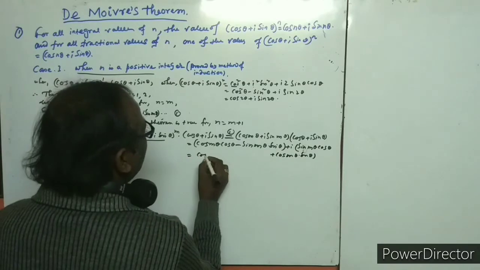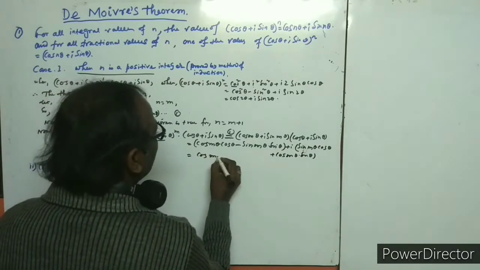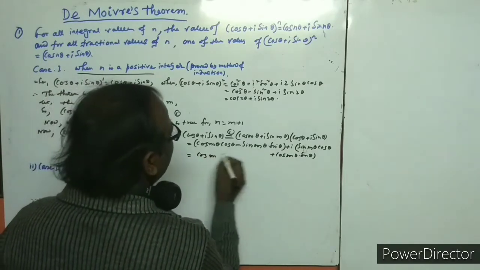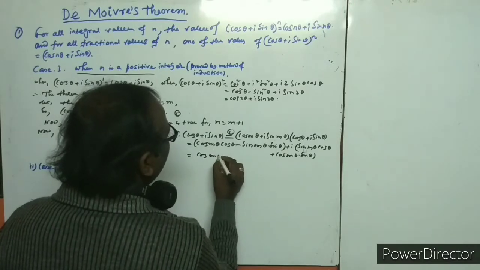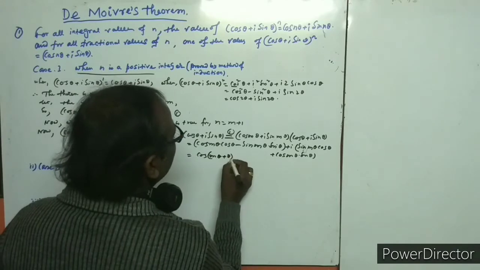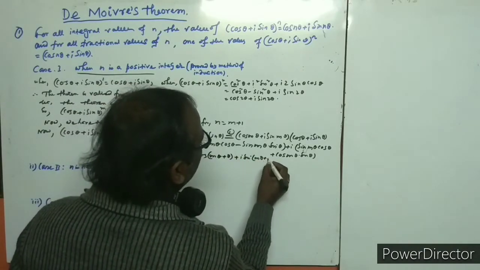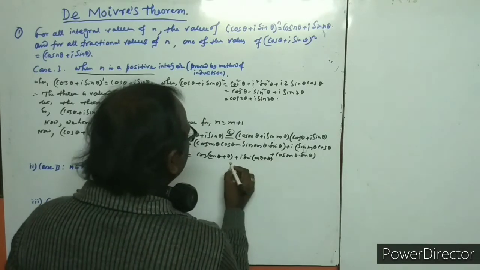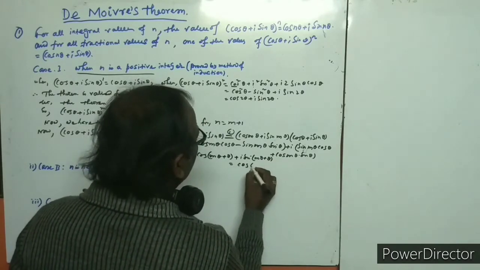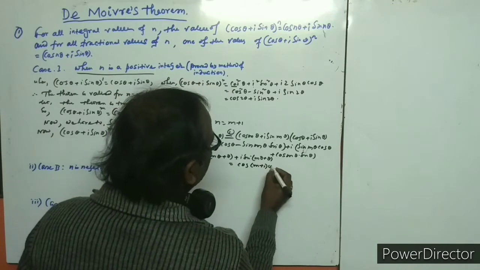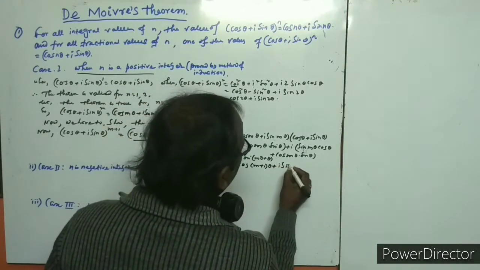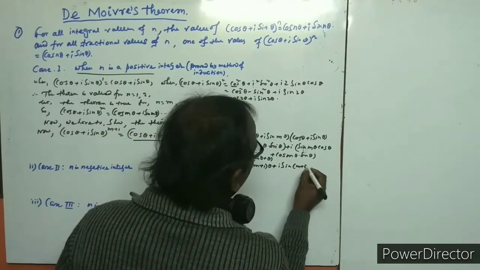That would be cos A cos B minus sin A sin B, so cos of A plus B, that is m theta plus theta here, and i into sin of m theta plus theta. This is equal to cos (m plus 1) theta plus i into sin (m plus 1) theta.